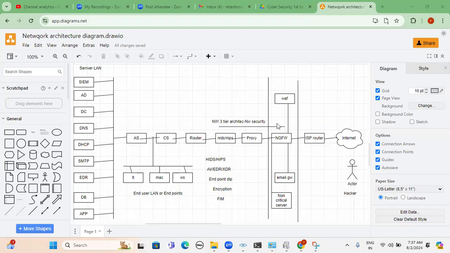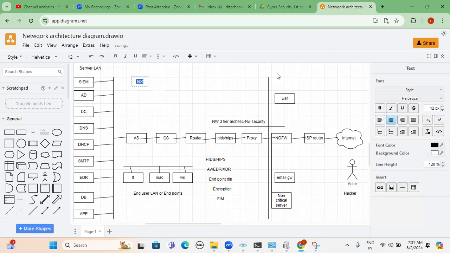This particular design is provided by Cisco basically. So coming back here, as per Cisco, the second one is the DMZ, the firewall concept as well.